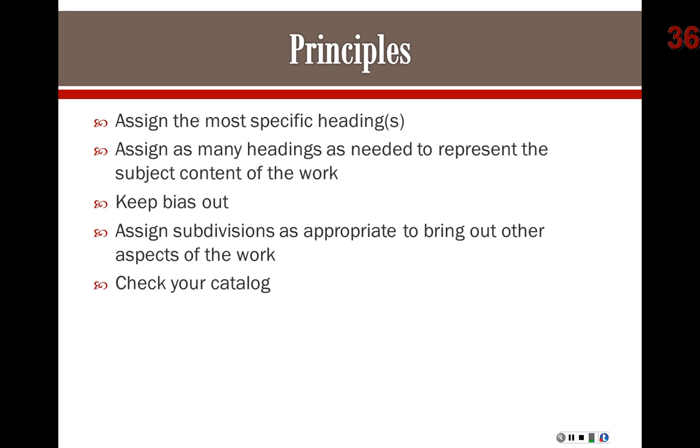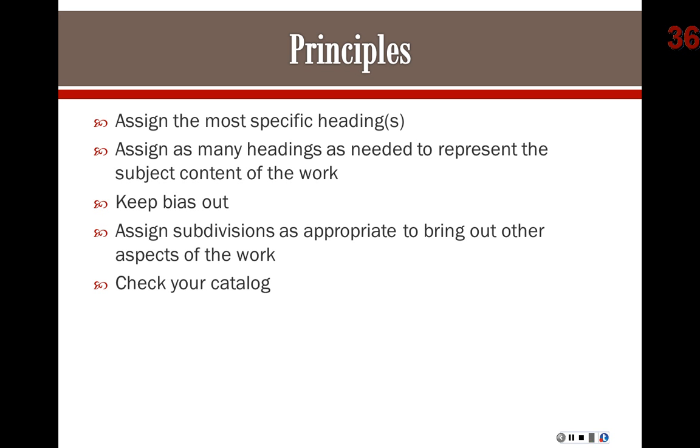And then a helpful thing to do is check your catalog and see how other works talking about the same topic have been classified and what subject headings have been used. Again, going back to that last slide, the aboutness, you want to make sure that your research sources are found by your users and are in the best places for the users.